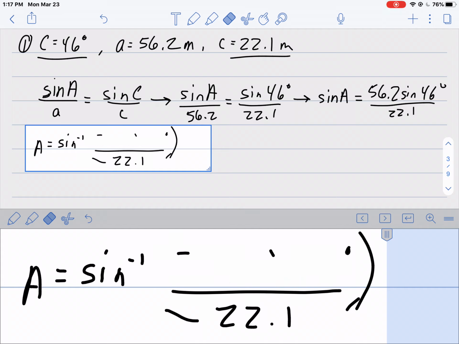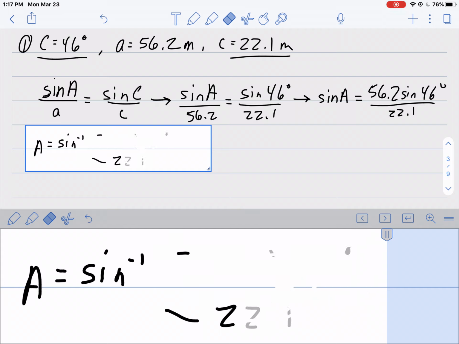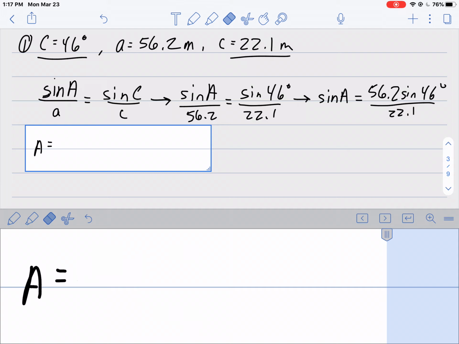Scratch that. So I said that's what I was trying to avoid doing. So let me back this up. Like I said, I'll just repeat what I said earlier. That's option number one. So I can plug that in.